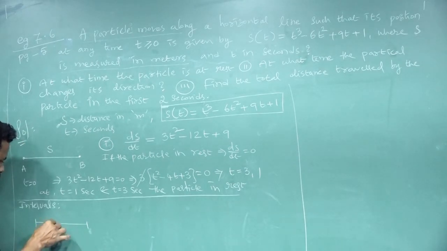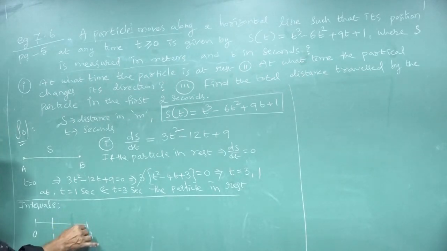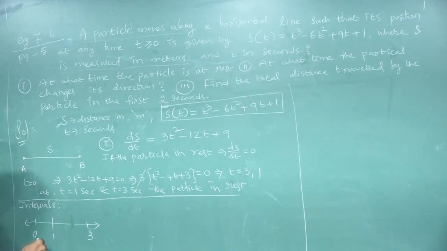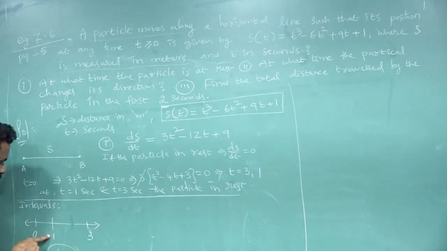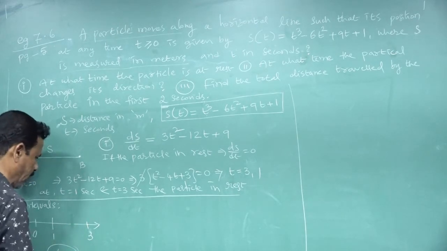Here 0, here suppose 1, here 3. So we calculate above 0, T greater than or equal to 0 is given. So 0 to 1, 1 to 3, and 3 above are possible here.